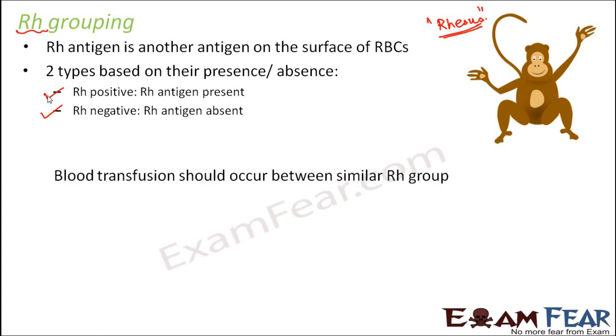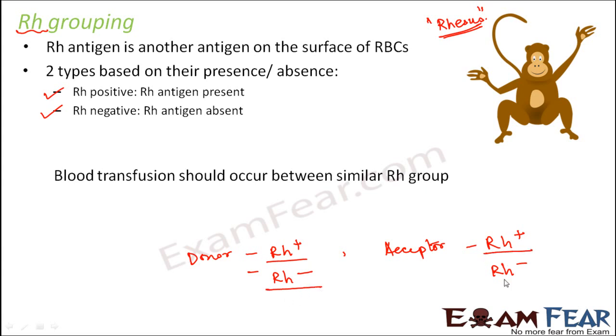Now again, blood transfusion should occur only between similar RH group. That means if the donor is RH positive, then the acceptor should also be RH positive. If the donor is RH negative, then the acceptor should also be RH negative. So only positives with positives, similarly only negatives with negatives.